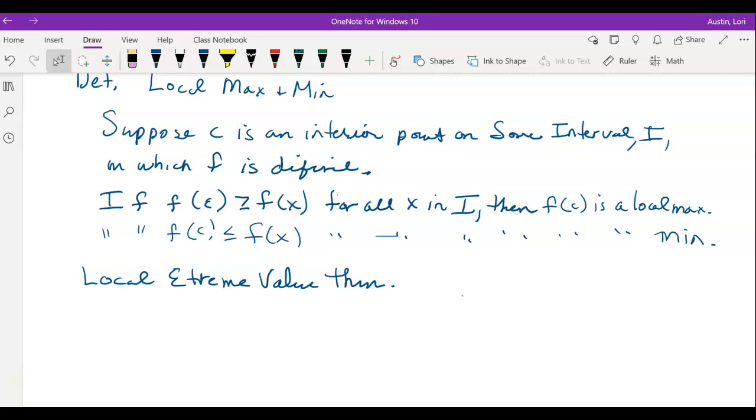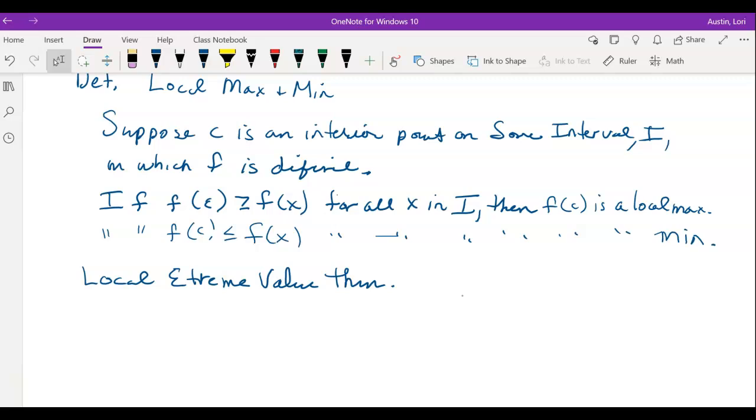The other thing I want to point out before I write this: every absolute max and min is also a local max or min, right? Does that make sense? Think about it.